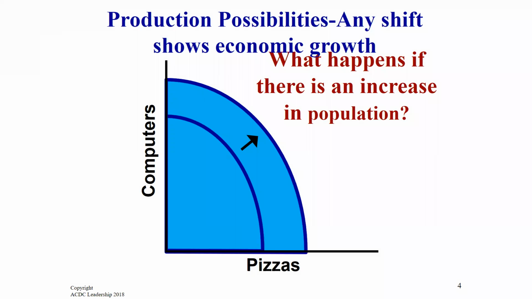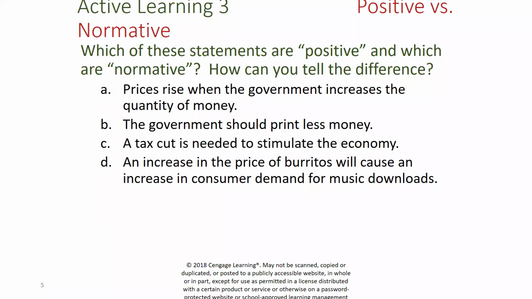So if there's an increase in population, we now have more workers, a change in quantity of resources, and it shifts out. You'll notice this is a bowed curve, so it's increasing opportunity cost. Computers and pizzas, resources are not easily adaptable, and it shifts out. Anytime you have a shift out, you have what we would call economic growth. And when they're talking economic growth, they're talking long-run economic growth. This is what happens in the long run.